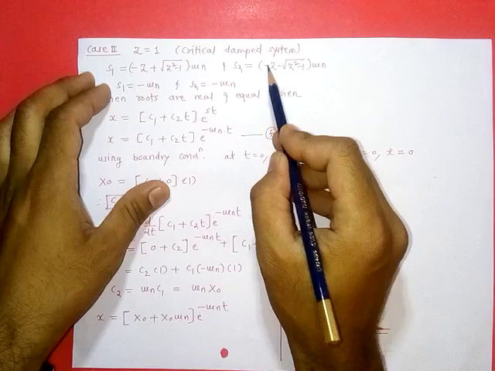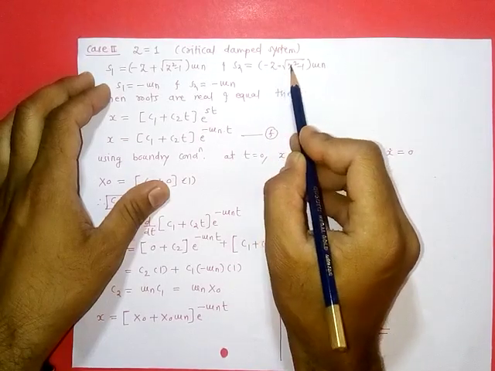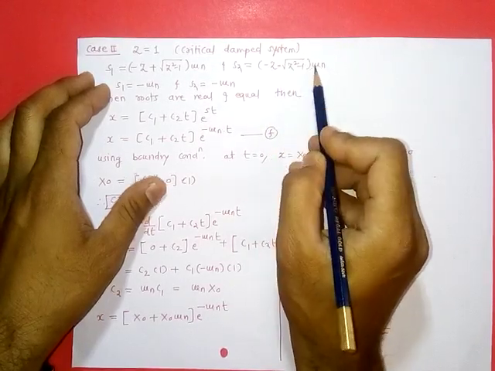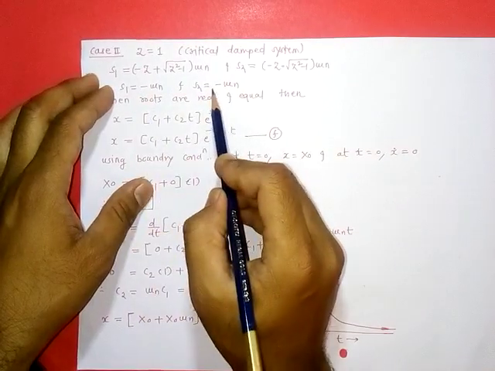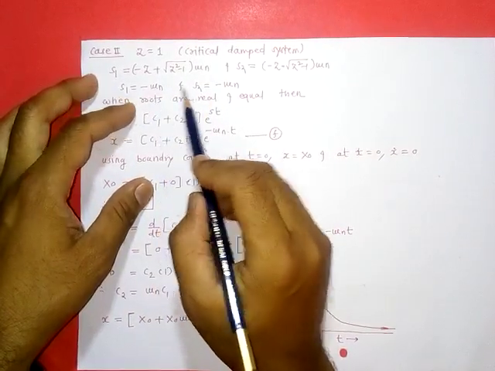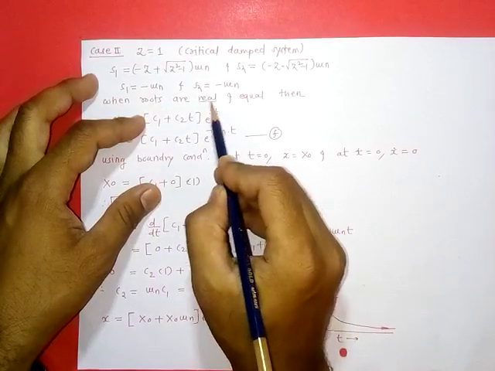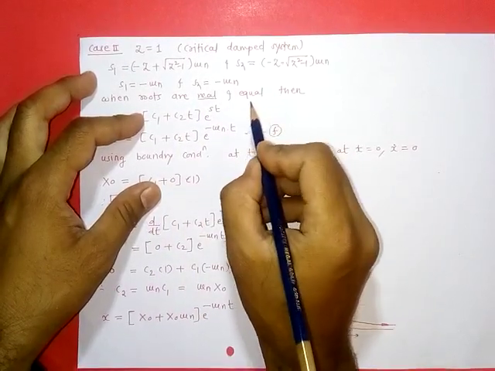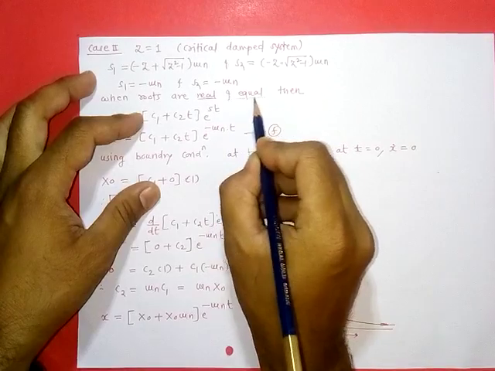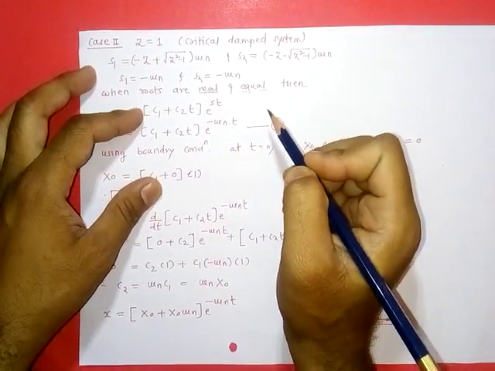Again here 1 minus 1 is 0, so minus omega n. So S1 and S2 become minus omega n. So the roots are real, and the roots are equal.